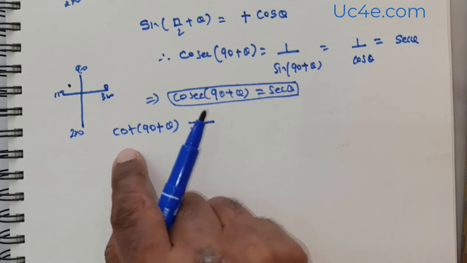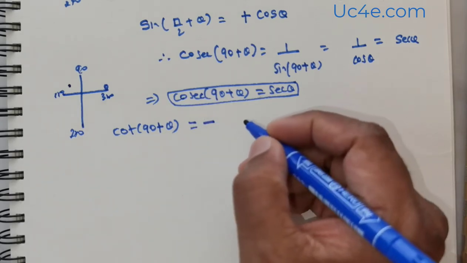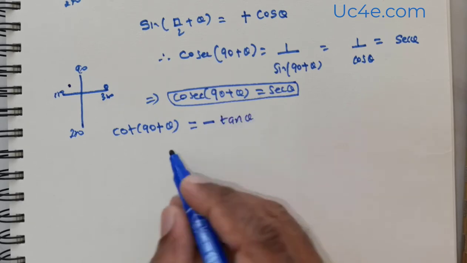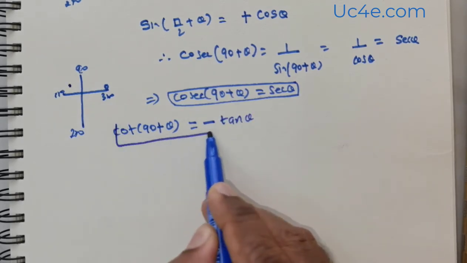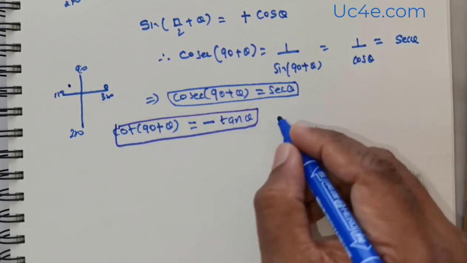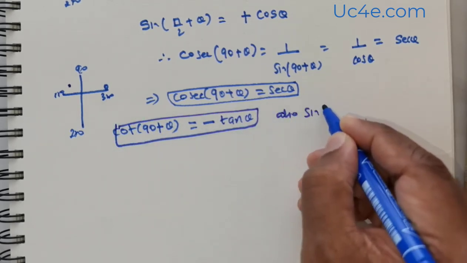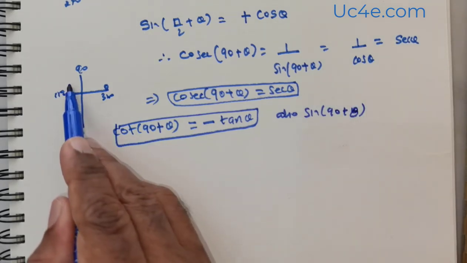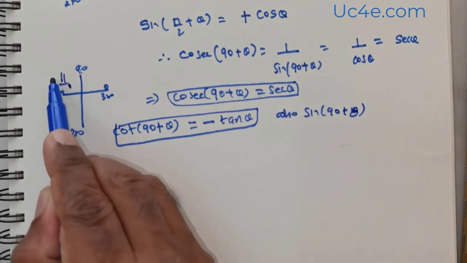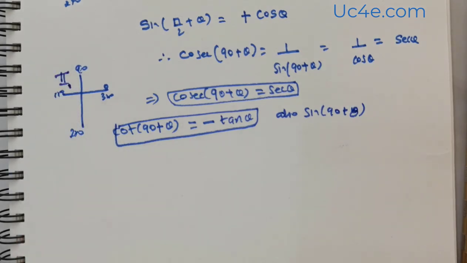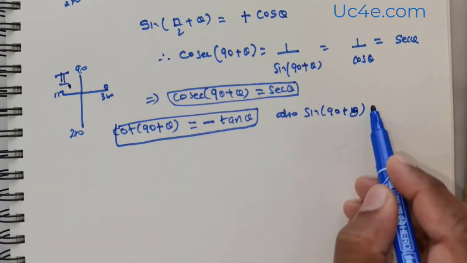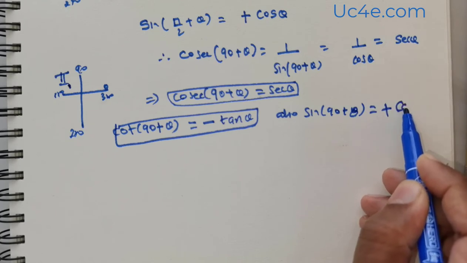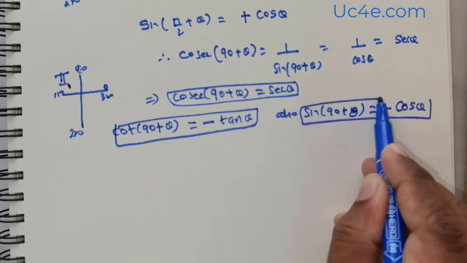And as usual, this is 90 positive theta, so from the allied angle formula this is going to give us tan theta, so it's going to be negative tan theta, so that is also done. Now we are given sine of 90 positive theta. As I mentioned to you, 90 positive theta would put us over here in the quadrant number 2. In quadrant number 2, sine is positive, and because of the argument 90 positive theta, this is going to give us cos theta. So this is also done.